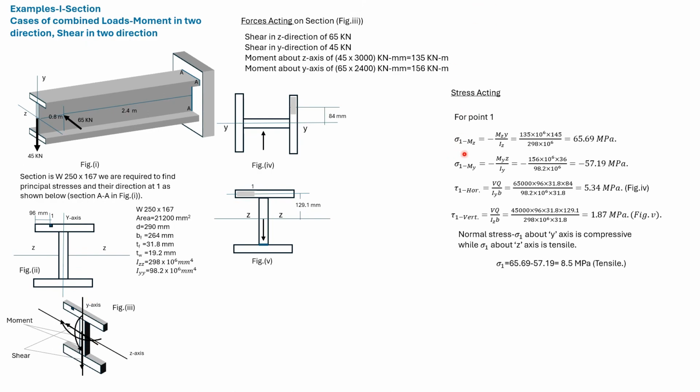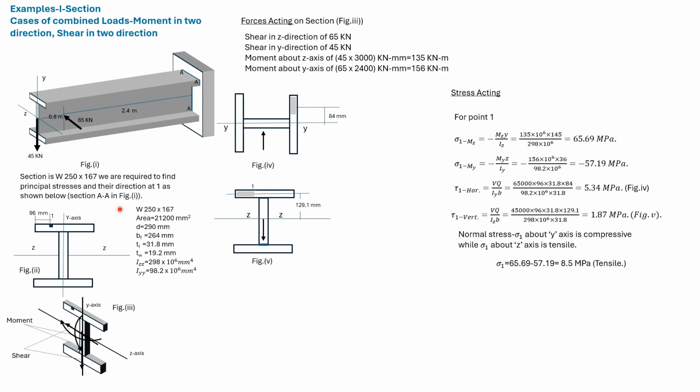To find out the bending stresses for moment about the z-axis and the y-axis. About the z-axis, the moment is due to this 45 kilonewton load. So this is the moment.